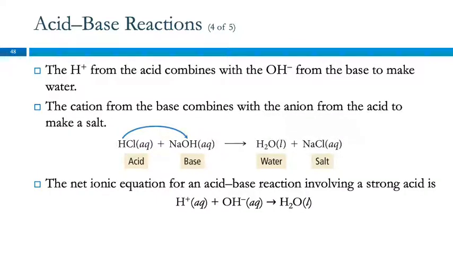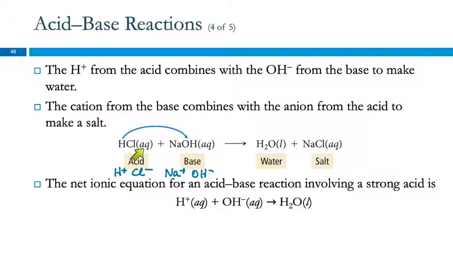So the neutralization happens when we get the hydrogen ion from the acid combining with the hydroxide ion from the base. So here we have hydrochloric acid and sodium hydroxide. And we can think of this as being one of those swap ions situations.